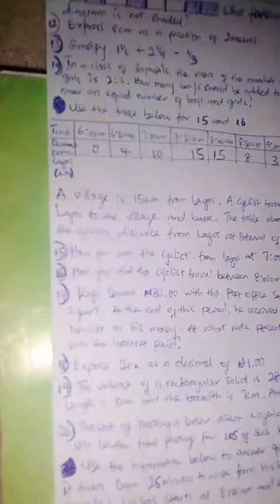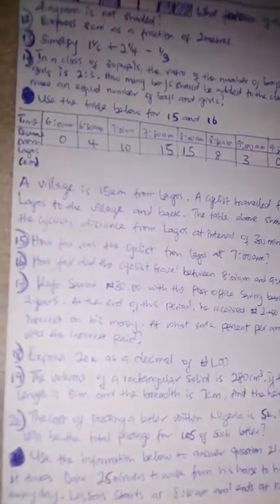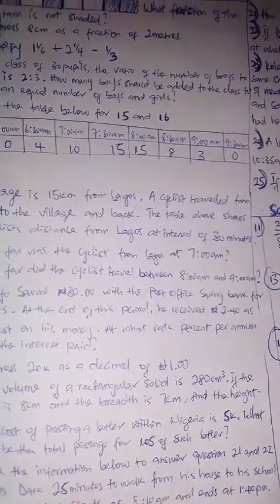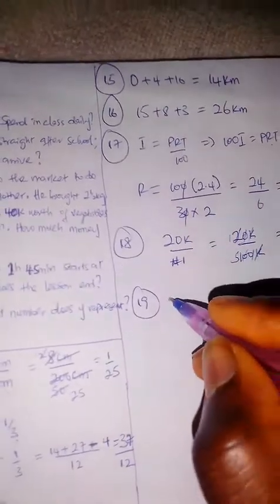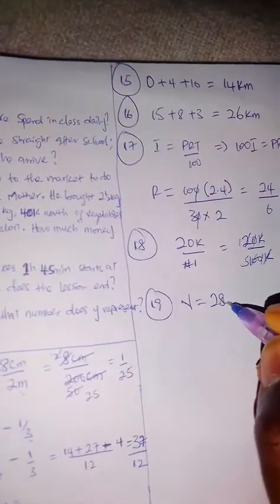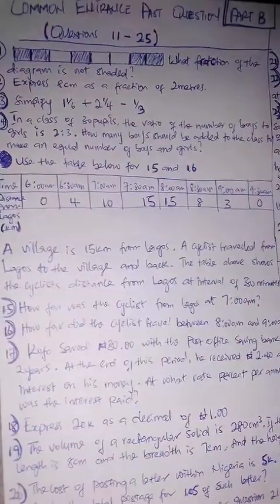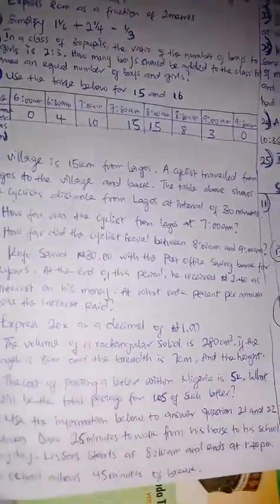Number 19. What do we have? The volume of the rectangular solid is 280 centimeter cube. Let's set our parameters out. Volume is 280 centimeter cube. Then I said what?